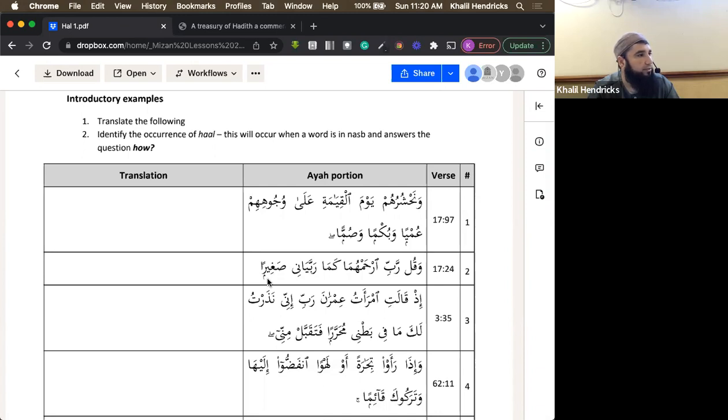Exactly. And now you also know that when you have a word that's hal, you can oftentimes fit the word whilst in there.